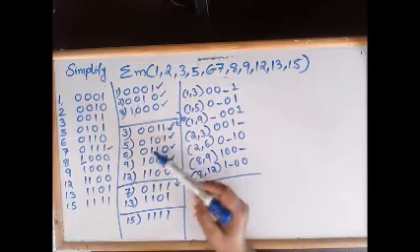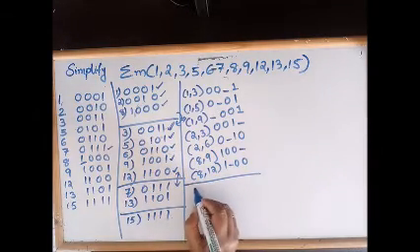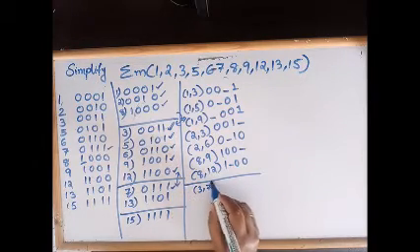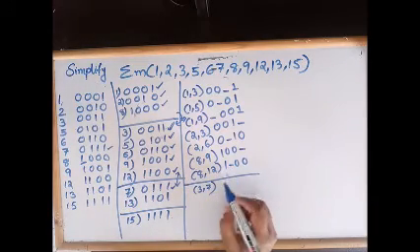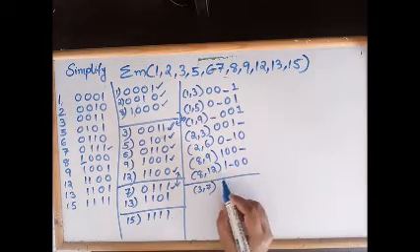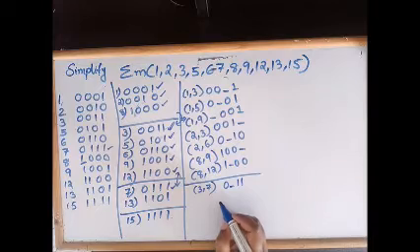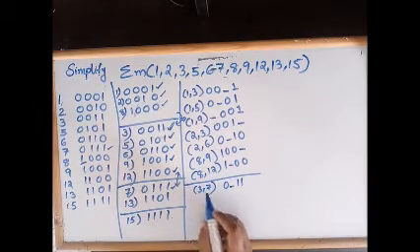Only a single bit change, in the second position. So we can combine 3 comma 7, and whenever you combine you put a tick mark. The bit change is in the second position, so it will be 0 dash 1 1. Similarly, identify all other terms.